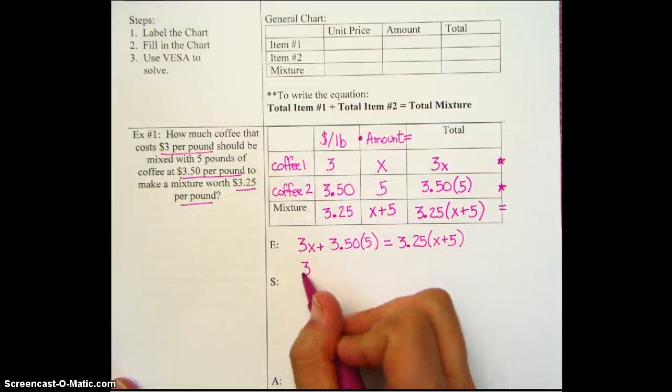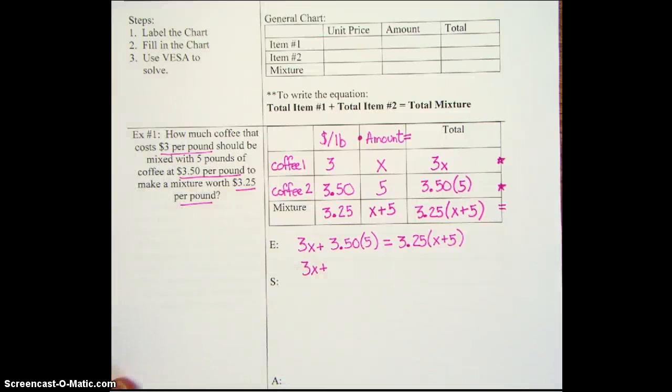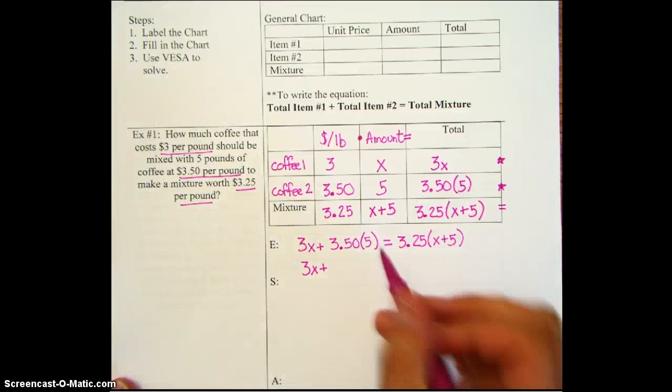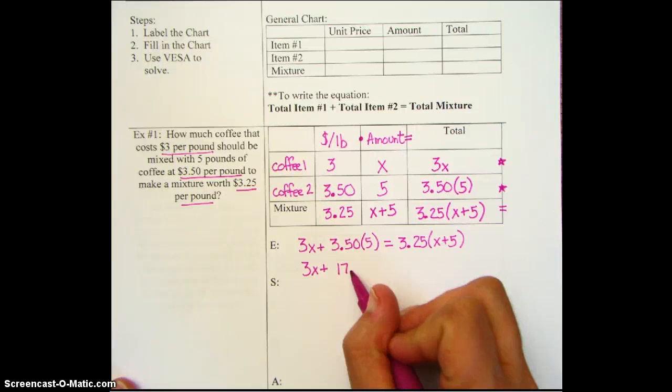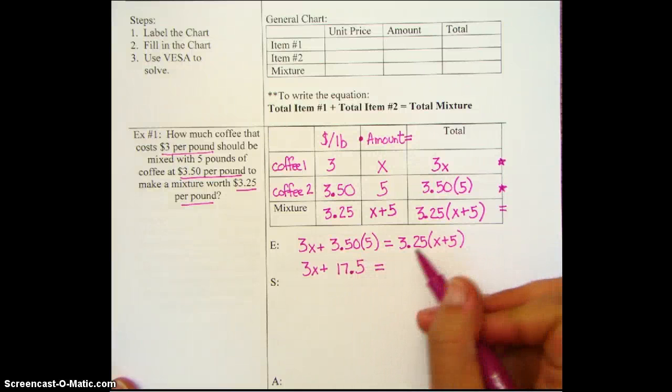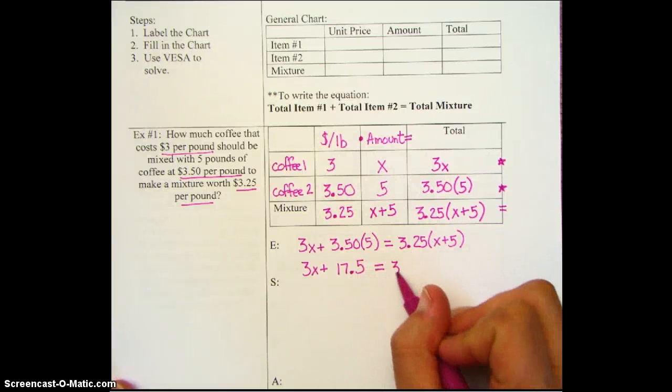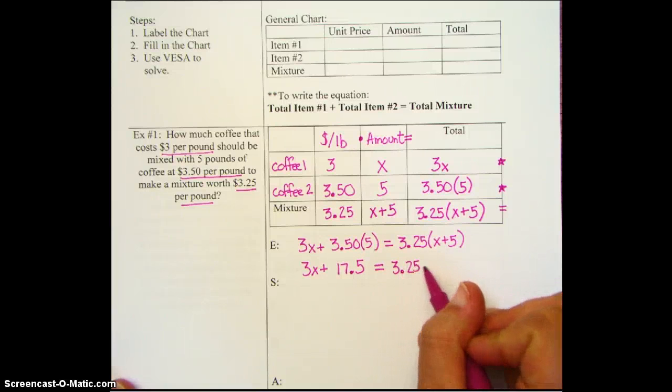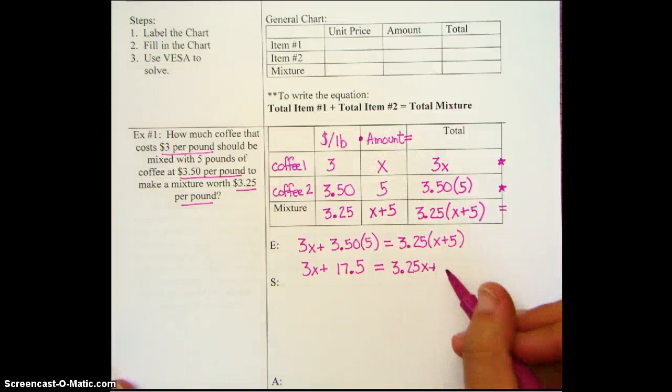Using your calculator, you can multiply $3.50 multiplied by 5. That's going to give you 17.5. When we distribute the 3.25, we will get 3.25x, and then 3.25 multiplied by 5 gives us 16.25.